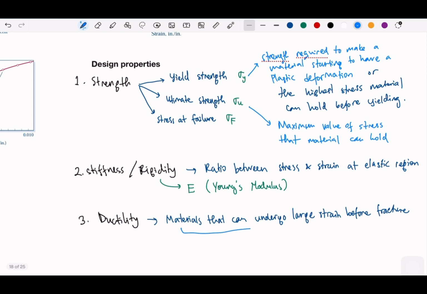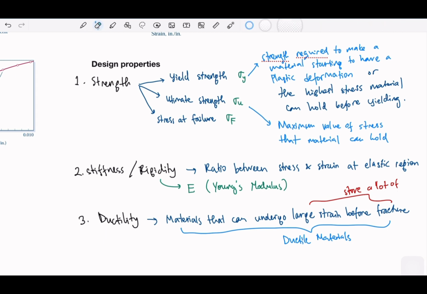If you have a large strain before fracture, or a large area under the curve, we call that a ductile material. Which means we can also say that they can store a lot of energy.